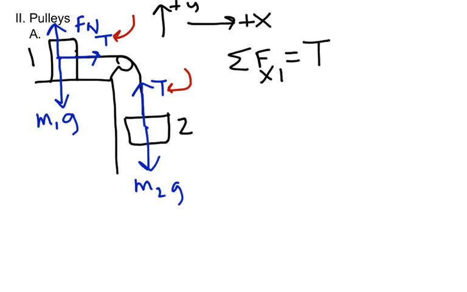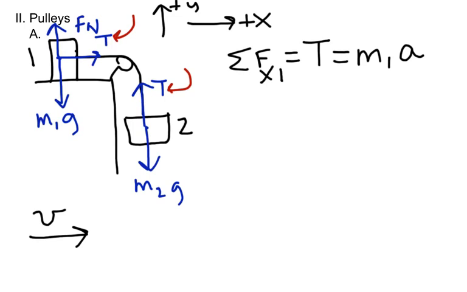It's positive because your block is moving to the right. Let's say, actually I forgot to define that, let's say that block 1 has a velocity to the right. So because of that, the force of tension should be pulling to the right, and that's the only force in the x direction, and that's going to be equal to the mass of object 1 multiplied by the acceleration of object 1.